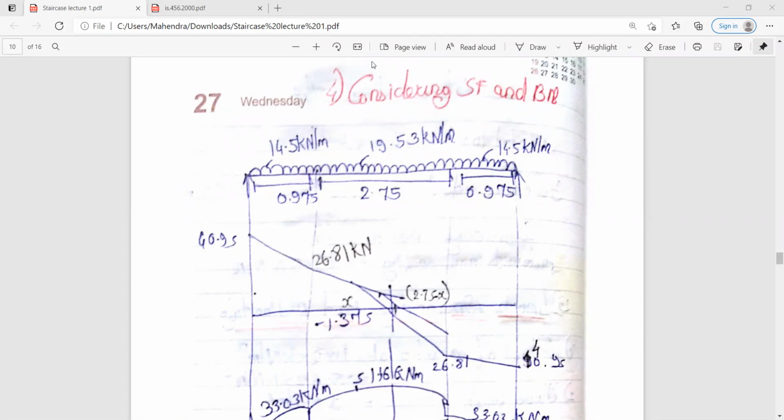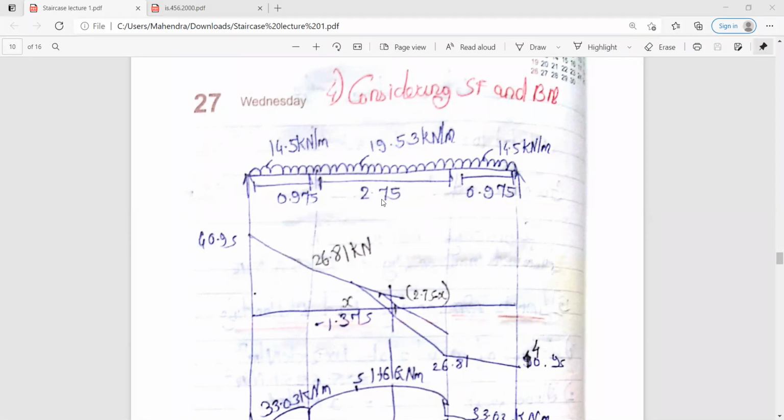And L effective, how much had you calculated? L effective is your 4700, that is 4.7. So from 4.7, if you deduct 2.75, that will be 4.7 minus 2.75, that will be 1.95. L effective is the total length we are going to consider for calculation of shear force and bending moment.